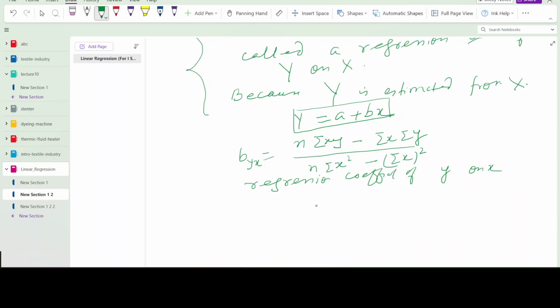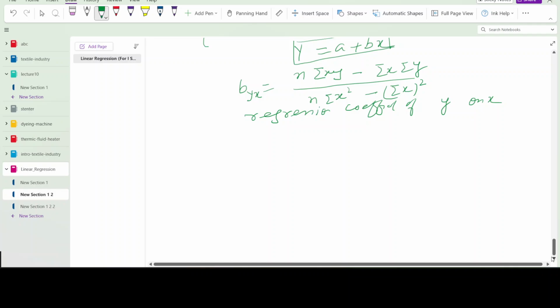And suppose now we want to estimate the value of x from a given value of y, we would use a regression curve of x on y, which amounts to interchanging the variable in the scatter diagram so that x is the dependent variable and y is the independent variable. We can do the same exercise.